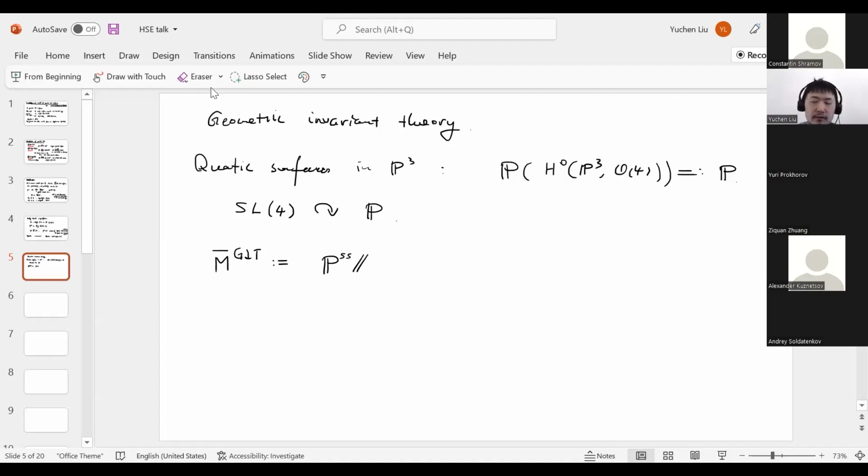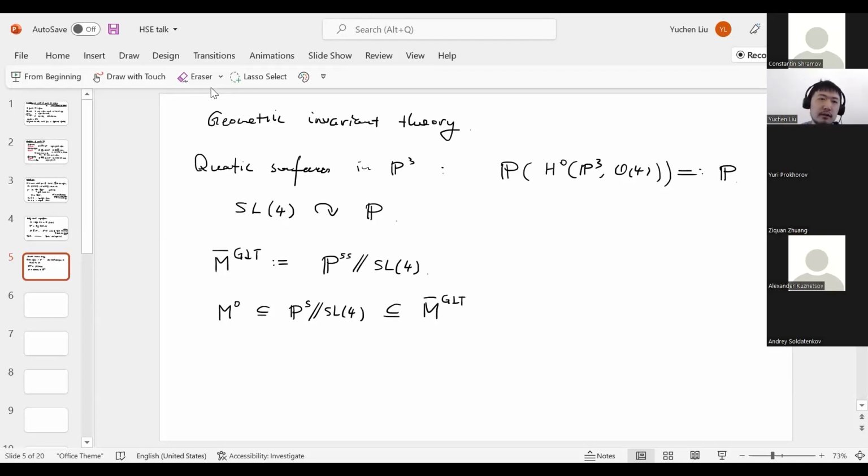So here I take the semi-stable locus and I quotient by SL4. So the GIT quotient is nice in the stable locus. And what we know from the classical GIT theory is that this M naught sits inside the stable locus, and then sits inside this GIT quotient.